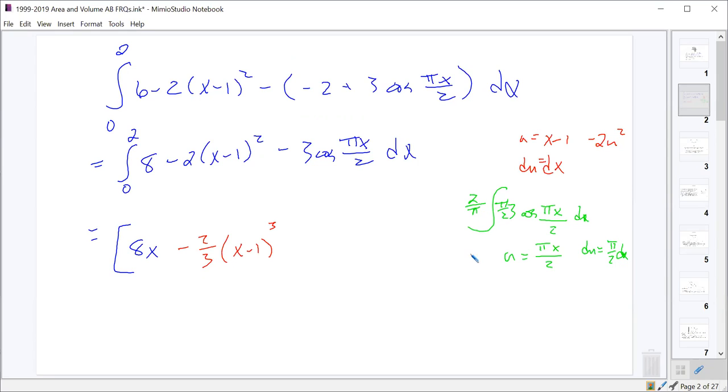So we're going to effectively have a minus 6 over pi, right? 2 over pi times the 3, and it was a minus before. And then cosine of u, what's the integral of cosine of u? Sine u, and u was pi x over 2. Everybody good with all the integral there?